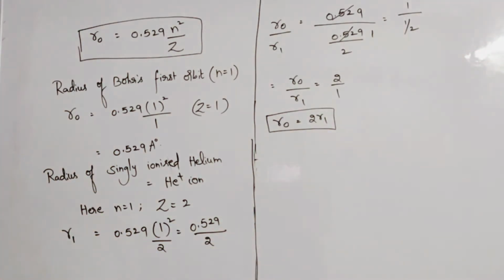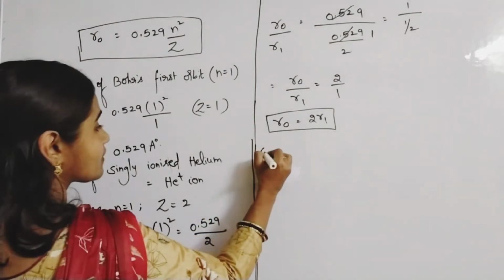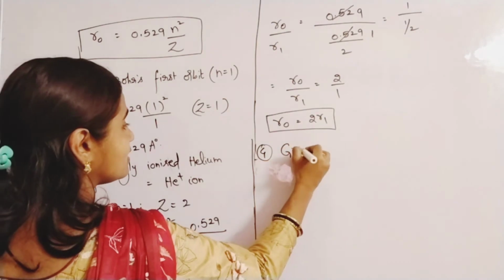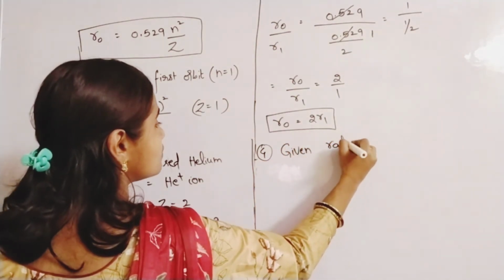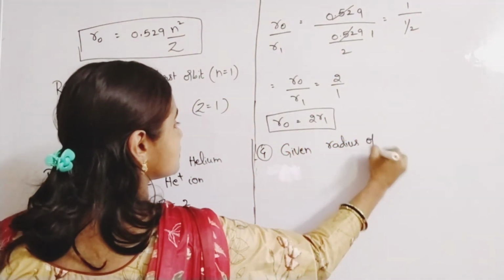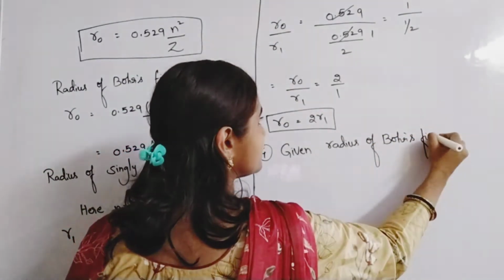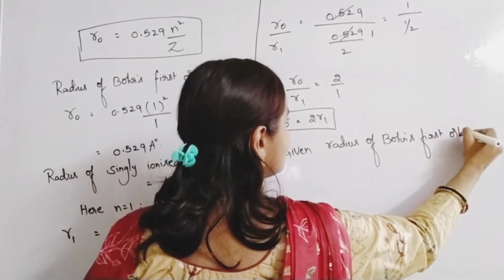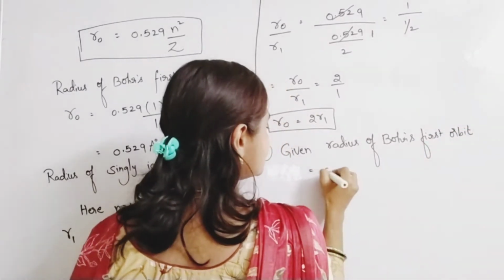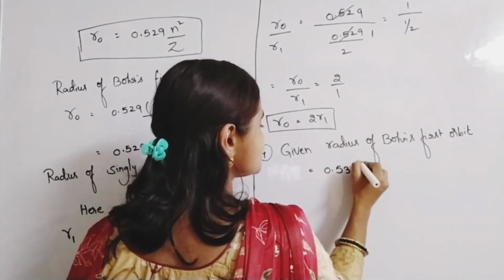Next, fourth question. Given the radius of Bohr's first orbit is 0.53 angstroms.